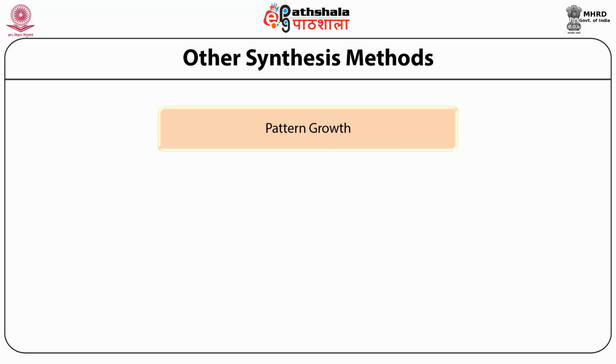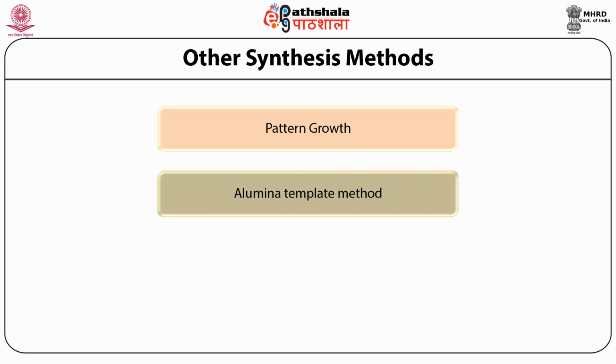Now let us discuss another synthesis technique, which is the alumina template method. In the alumina template method, there are commercially available alumina templates with different pore sizes. This pore will decide the diameter of the nanotube.